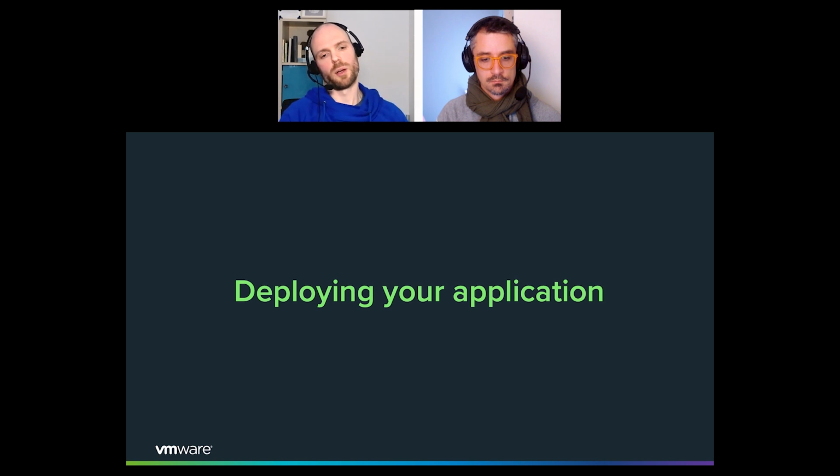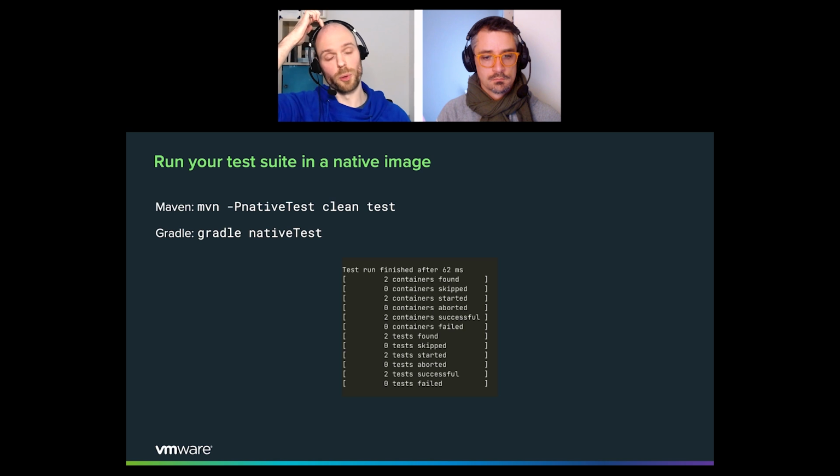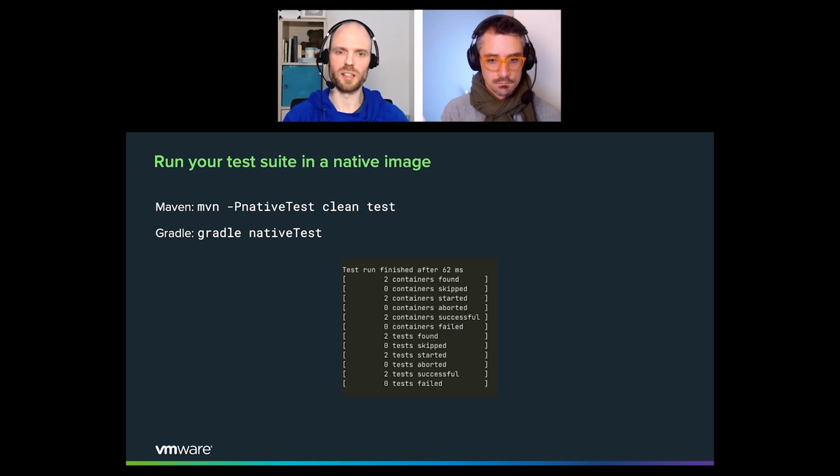So now that we know what this stuff is doing behind the covers, let's see what we have to do to deploy our application. A good idea is to run tests before you deploy anything in production, because you don't want to test in production. And you can, of course, run the tests on the JVM. This is what's been supported since ages, but there is a new feature which runs the tests in a native image.